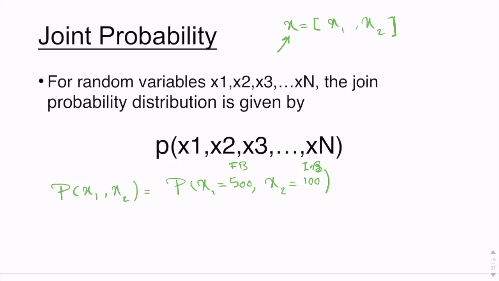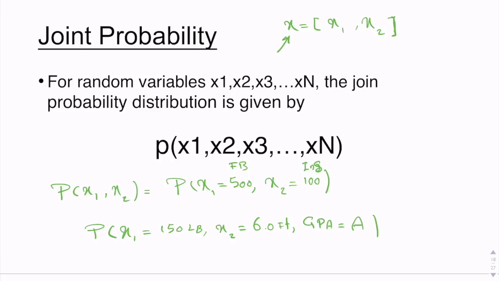Each of these attributes is a random variable, and if you want the probability distribution for one particular student, let's say whose weight is 150 pounds, whose height is 6 feet, and whose GPA is, let's say, A, that means we are dealing with the joint probability.